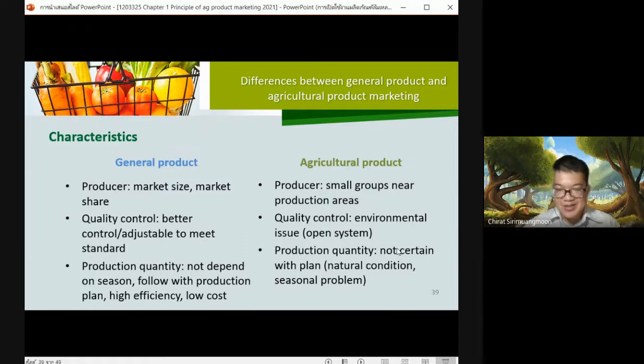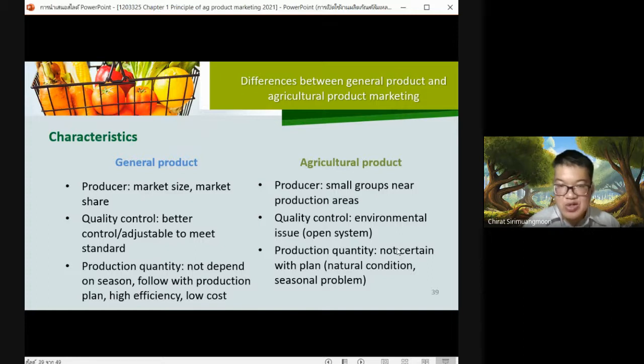They collect the raw materials, then send them to the next producers. But for general products, they think about what size they are going to produce. If they need to supply the whole country, they will have a big factory and huge raw materials. Quality control is easier for general products because it is already standardized.